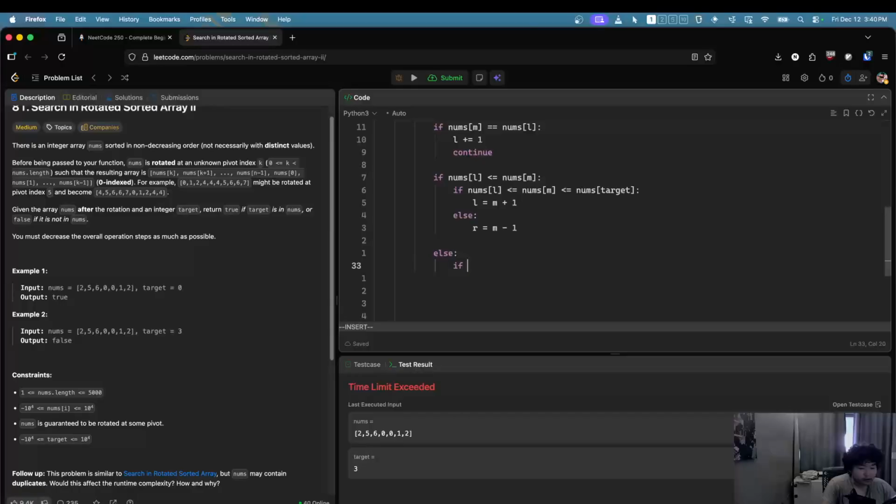So if nums of R, the rightmost, is smaller than or equal to nums of middle, less than or equal to nums of target.